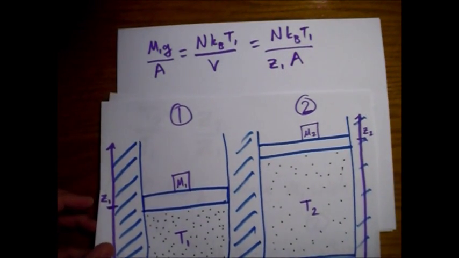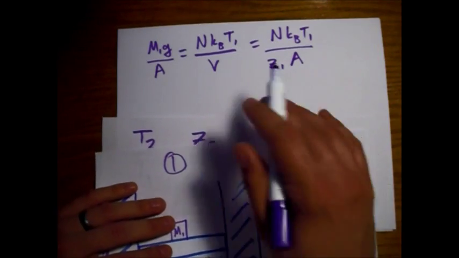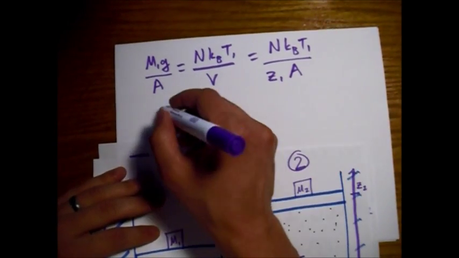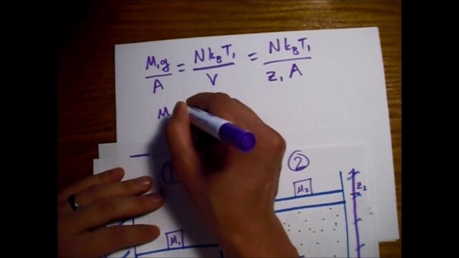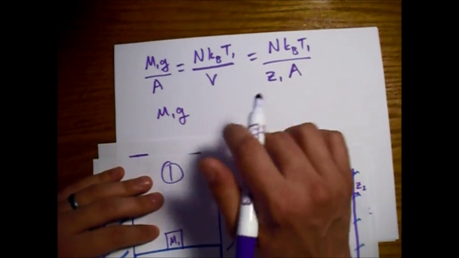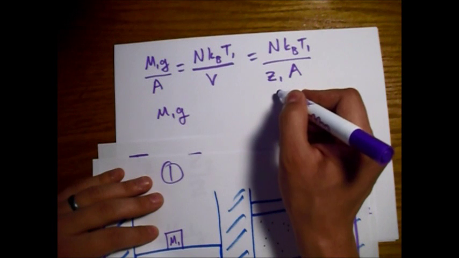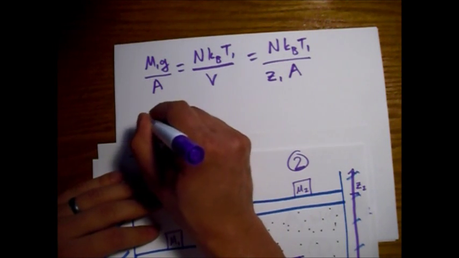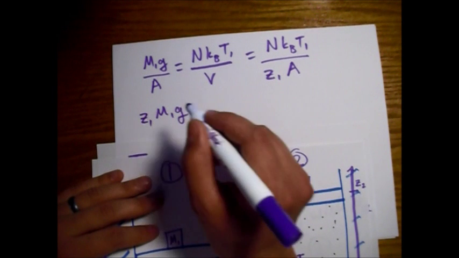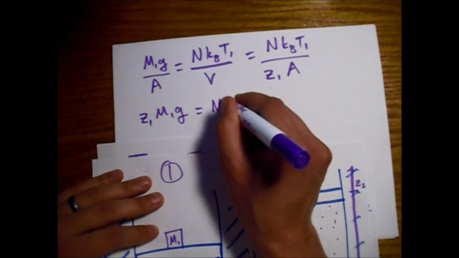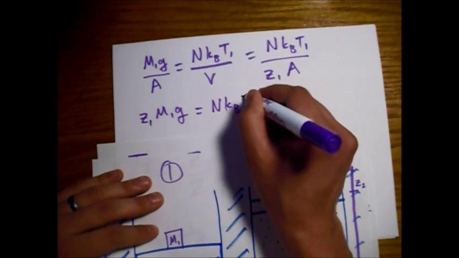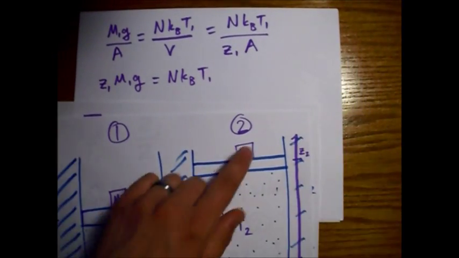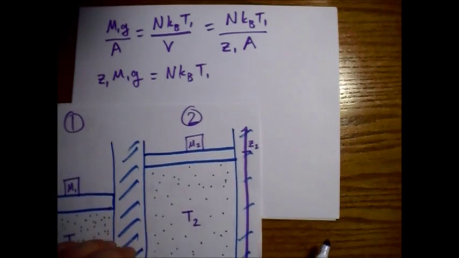Okay, so let's see what this can tell us. We just have an M1 g, all right, so we're just going to get rid of this A real quick. And why not? Let's bring up the Z1. All right, and we can do the exact same process for this situation number 2.